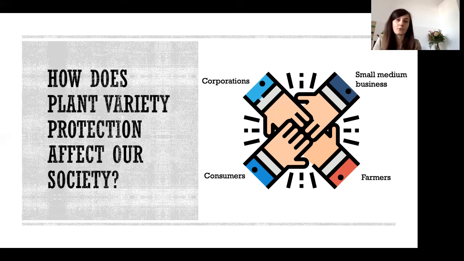And finally, we have the consumers. I believe that the interest of the consumers would be the interest of everyone involved in plant breeding, because consumers would love to have biodiversity in order to have higher quality and lower prices.